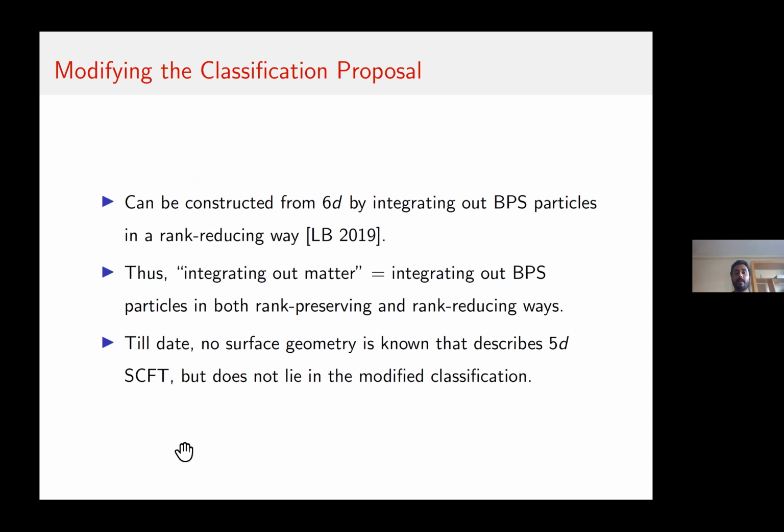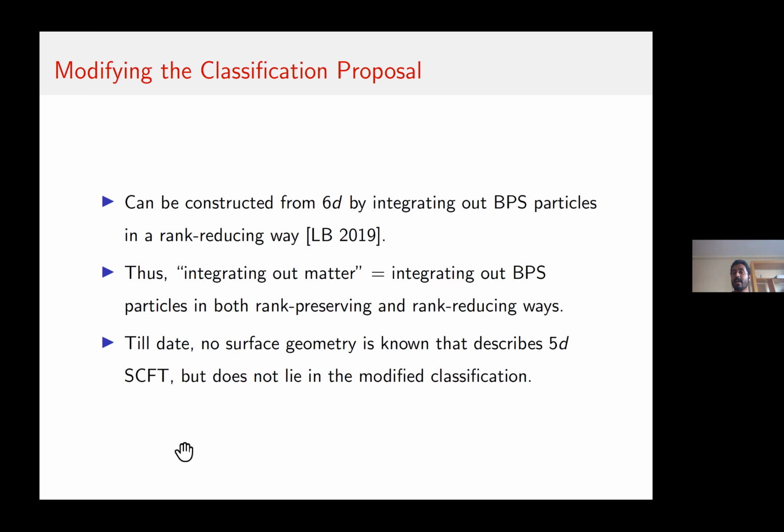Okay. Now, does it mean that it cannot be constructed at all from 6 dimensions? That's not true. It can be shown that if you allow for integrating out BPS particles in ways such that the rank of the theory can be reduced, then you can construct this theory, F4 with 3 flavors, from a 6-dimensional SCFT on a circle.